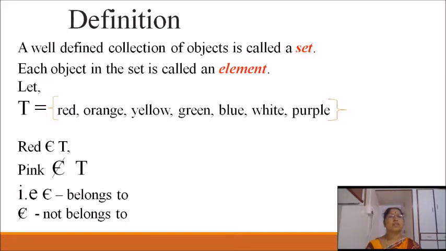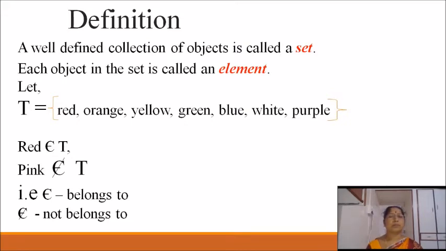Definition of the set: a well defined collection of objects is called a set, and each object in the set is called an element. Let T equal to {red, orange, yellow, green, blue, white, purple}.